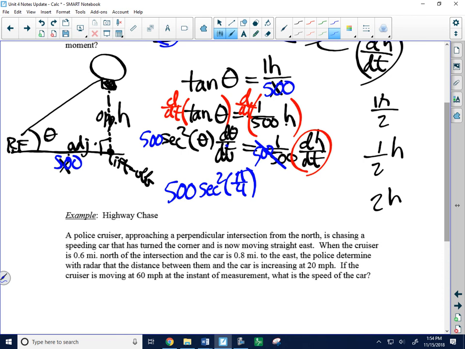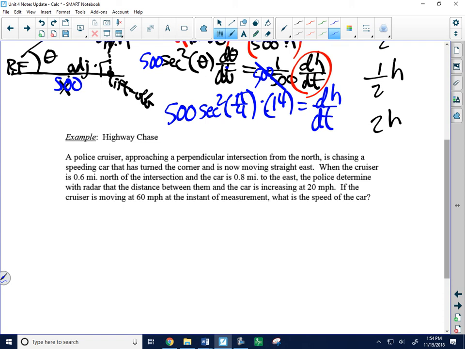So d theta dt, I'm putting right here, times 0.14. You can evaluate cosine of pi over 4 and flip it if you'd like, and then square it, or if you know secant of pi over 4, and then square it. But just for time's sake, you put this in, and you get 140 feet per minute.